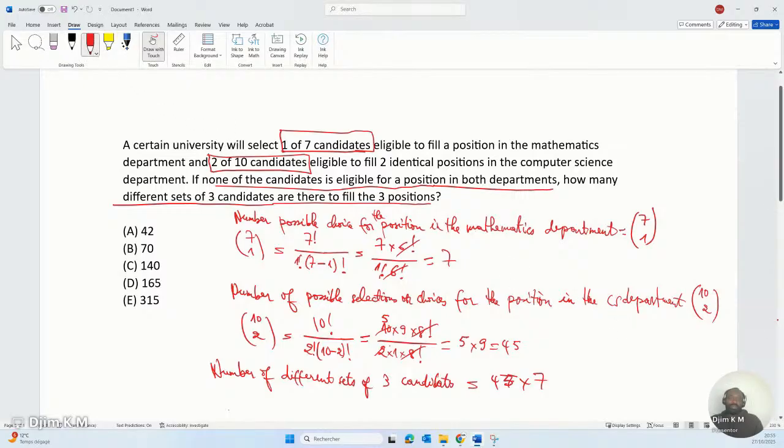Let's do some calculation. 45 times 7 is 315. So our answer will be this one.